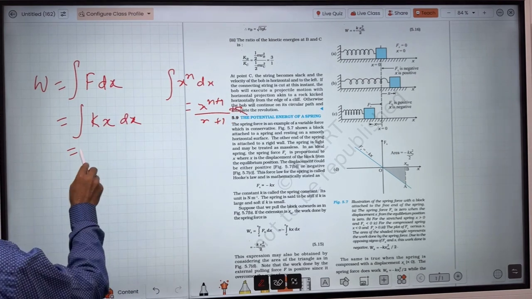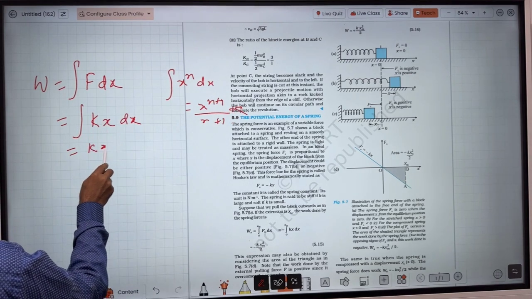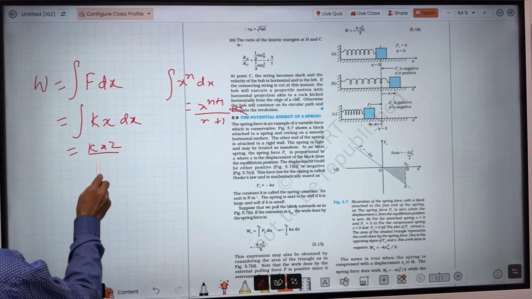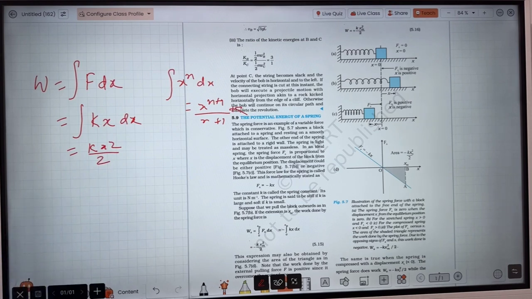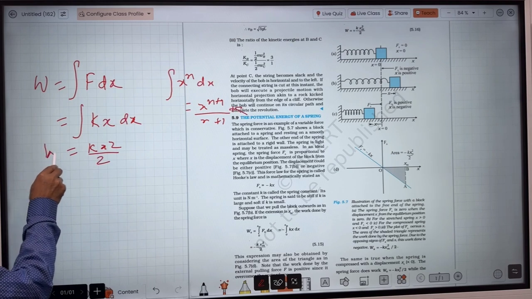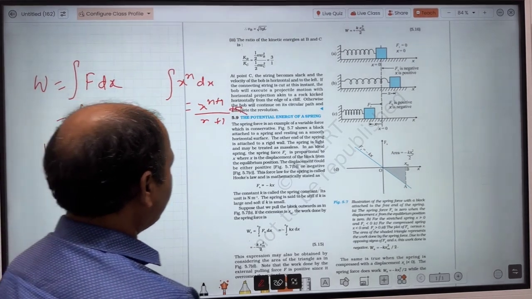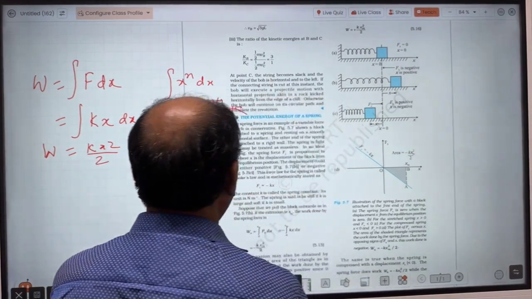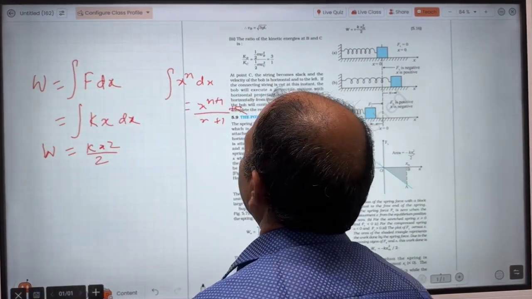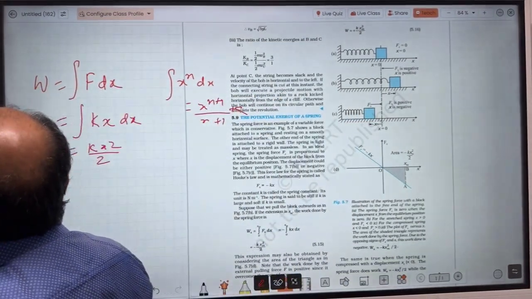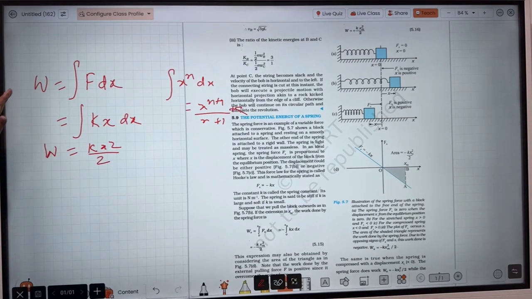The same thing will happen. This will become k times x square by 2, and we choose the integration constant c as 0. So we get work done like this. If we take a negative sign, in that case it will be, as you know, minus kx square upon 2.